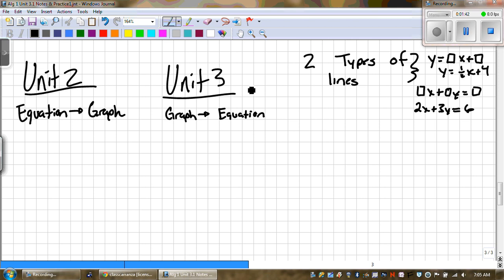And those two types of equations would be y equals mx plus b, or maybe it's a special case where y equals a number or x equals a number. Another thing they're going to give us is a description of some information, and then we're going to have to take that and go into an equation.